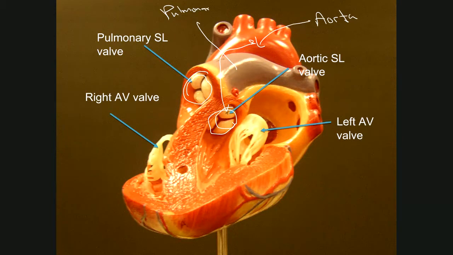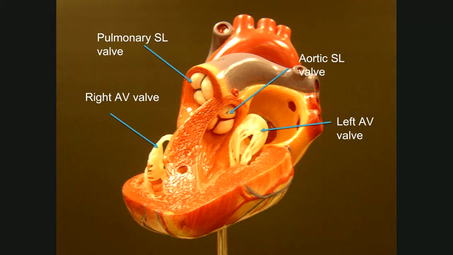And so the names are the same as the vessel. The one in the aorta is the aortic semilunar valve. The one in the pulmonary trunk is the pulmonary semilunar valve. So 4 valves.